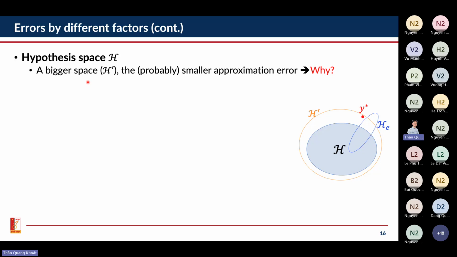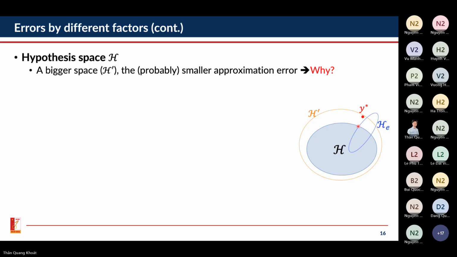Okay, so just see this example. When we choose a small model family, we can have this family, right? It is small. Then the approximation error can be here, the distance from Y star to the closest point.